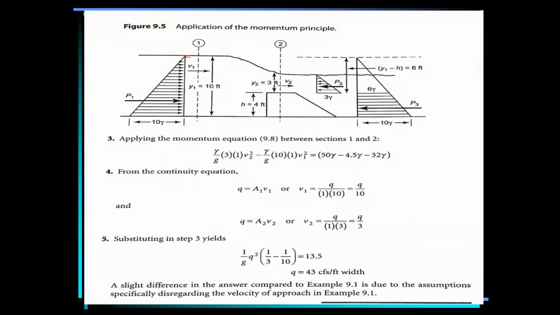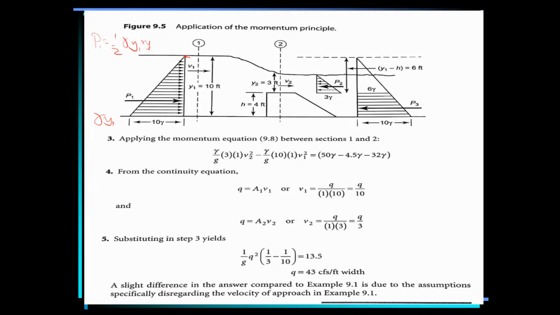The pressure here is gamma y1, and y1 is 10, so you have 10 gamma. To find the pressure force P1, it is going to be the area of the triangle, which is half base gamma y1 times the height y1.